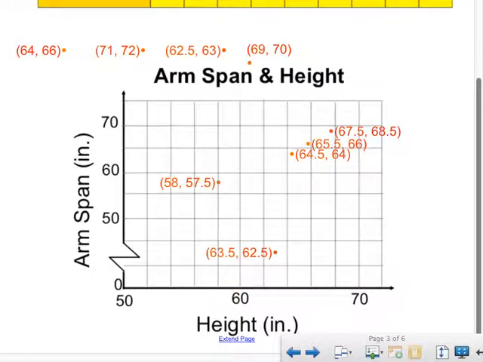So here we got 60, and then I got 62, and that's going to be 63-ish, and I need to be at 62 and a half. Okay. Question? Yes.